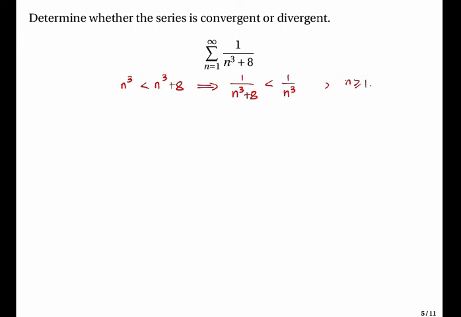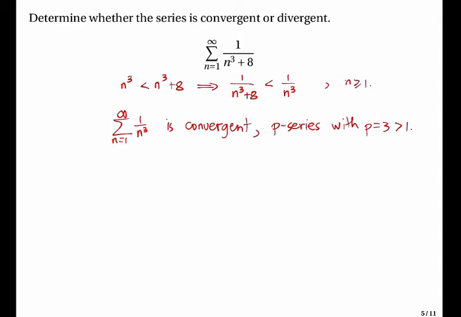But indeed, the series sum of 1 over n cubed from 1 up to plus infinity is convergent since it is a P series with P equals 3, and this is greater than 1.